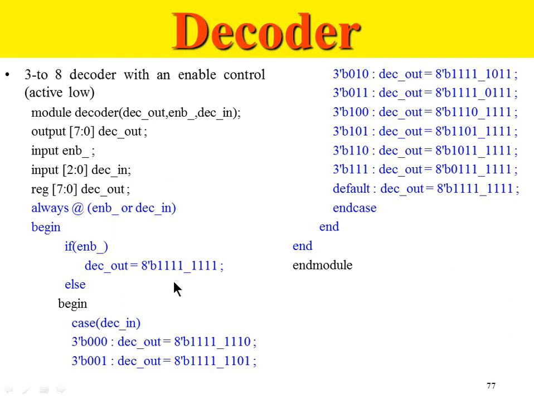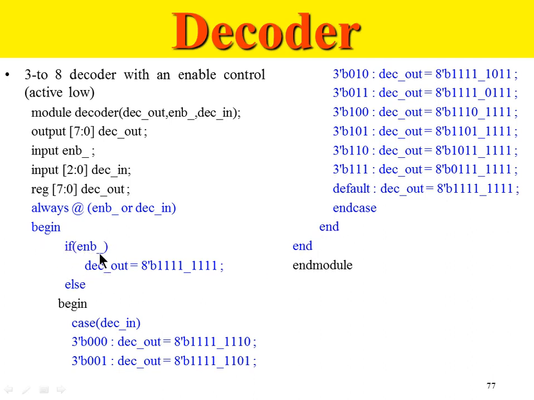Another change I would make is, as we just discussed, this if block has only one statement. Still, it's good practice that every if-else block or always block should have a begin and end. So after if there should be a begin, after this statement an end, then else, begin, all this stuff, end.